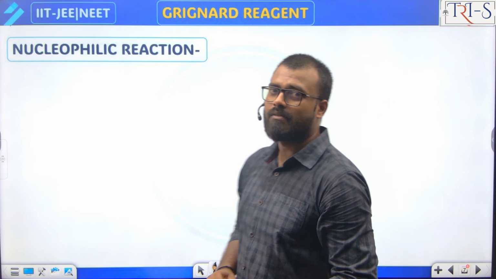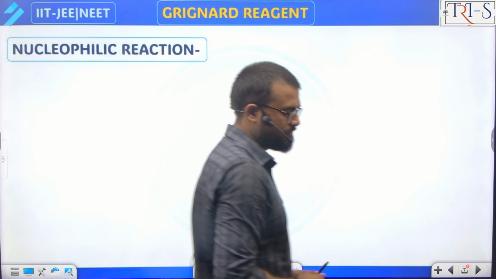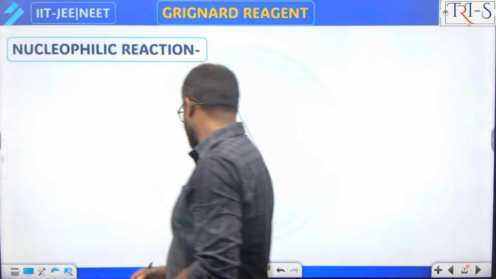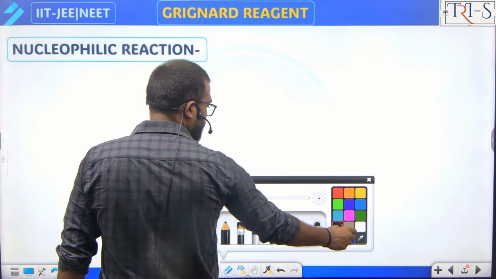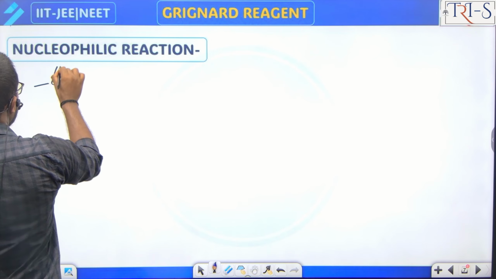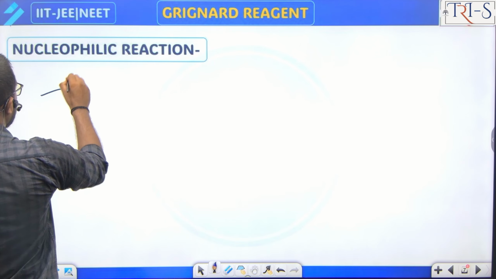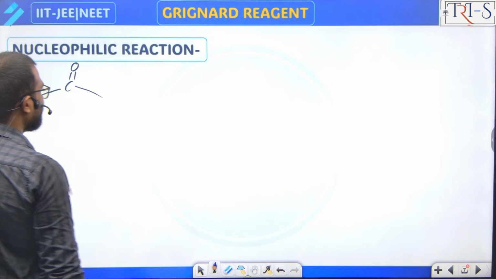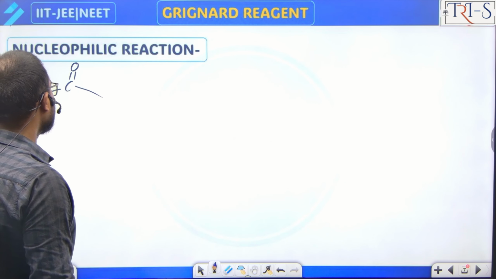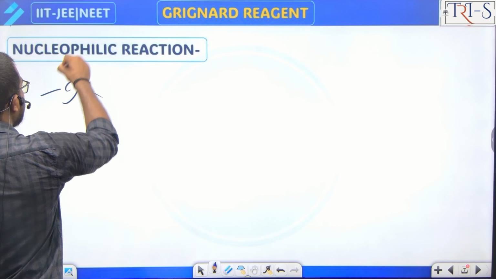If the given compound is not acid, and how can we identify that the given compound is not acid, then it may be carbonyl. Generally, carbonyl compounds are not regarded as acid. They have no active hydrogen. That is why they have a nucleophilic center, that is carbonyl.